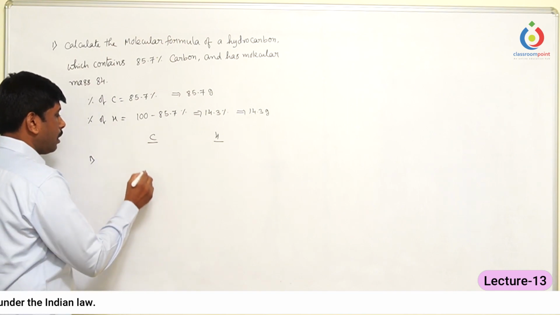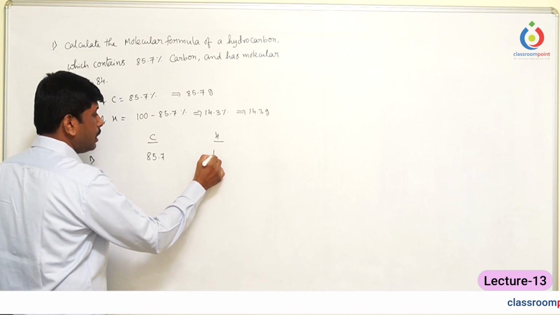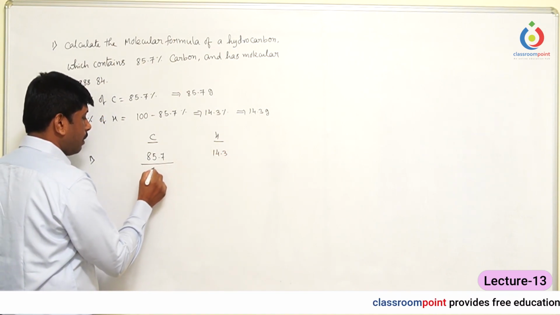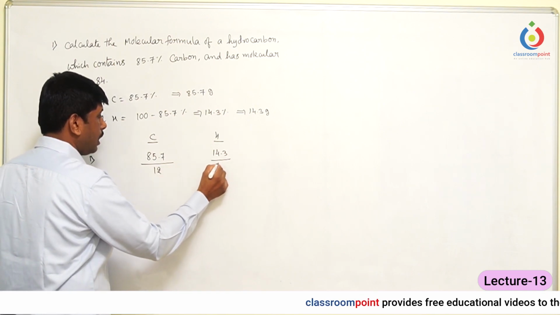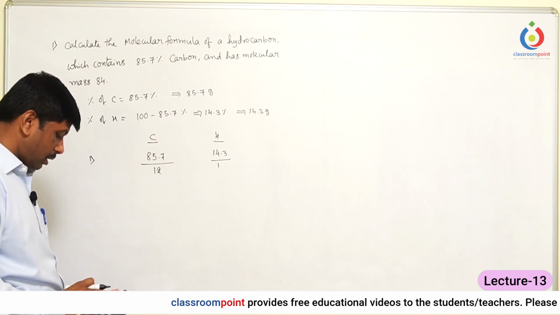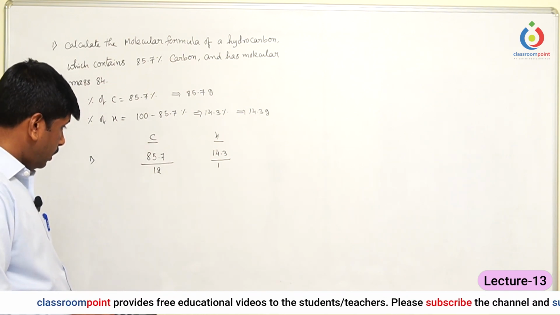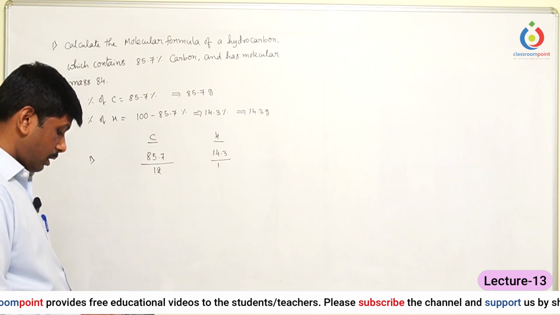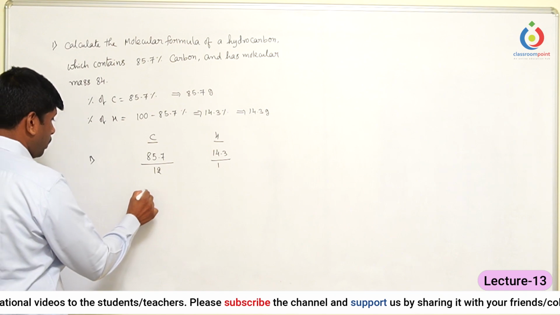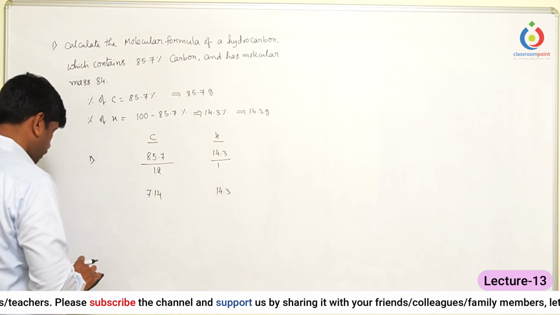Now take the given mass of the element, that is 85.7. Here it is 14.3 grams. Divide with atomic masses 12 and here it is 1. So let me take the help of the calculator. 85.7 divided by 12, the value is equal to 7.14. And this is equal to 14.3.